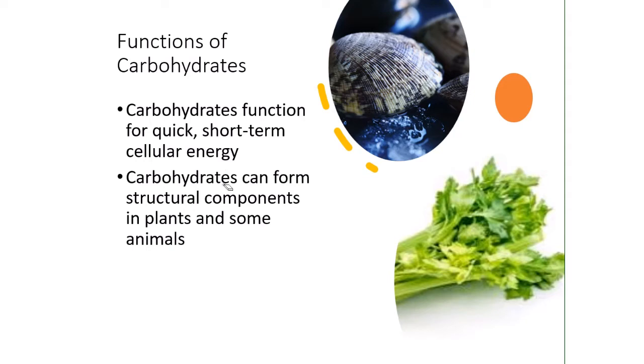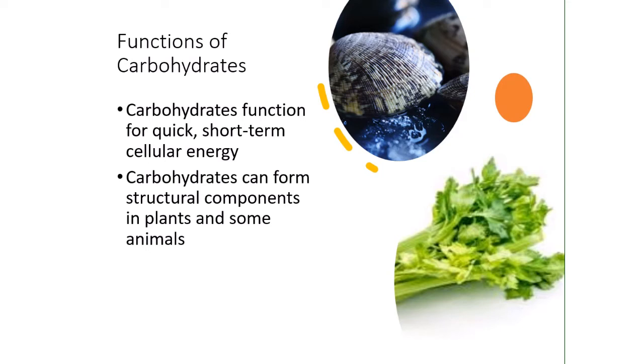You can also find carbohydrates in various structural components in plants. For example, plants contain cellulose that gives them the fibers to support them. And in seashells, for example, there are some specialized forms of carbohydrates. You might have heard of people taking glucosamine for their bones.